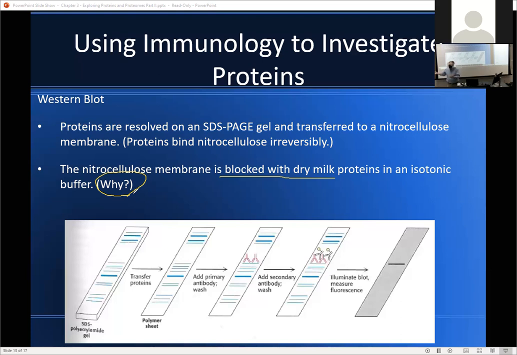Then we can go in and add our primary antibody. If we added our primary antibody before this blocking step, then the antibodies are just going to bind everywhere non-specifically because they're made out of protein. Okay. Does this make sense to everybody? Okay, good.